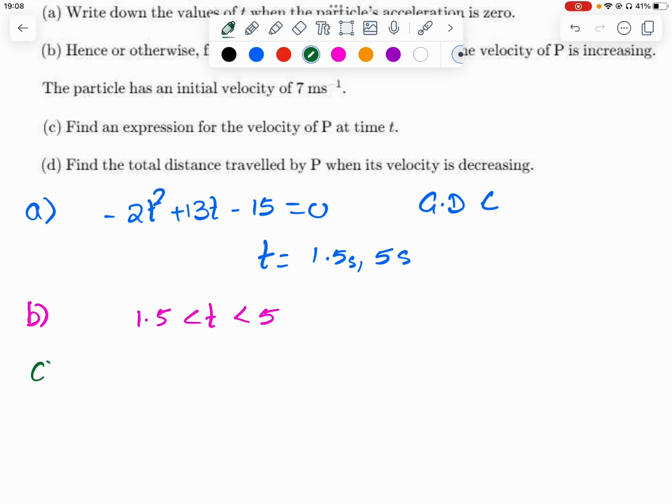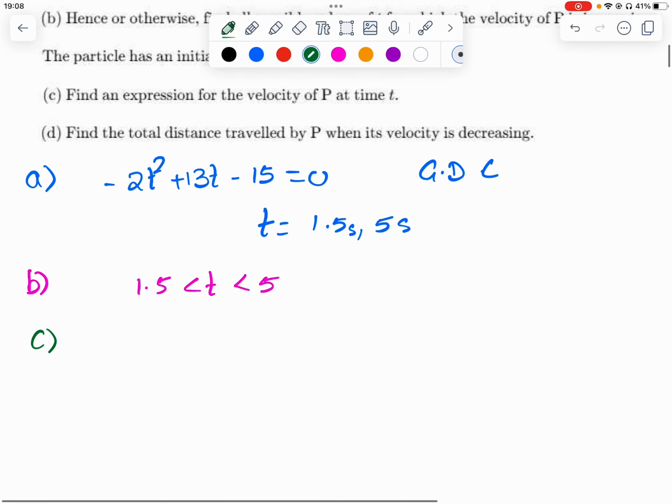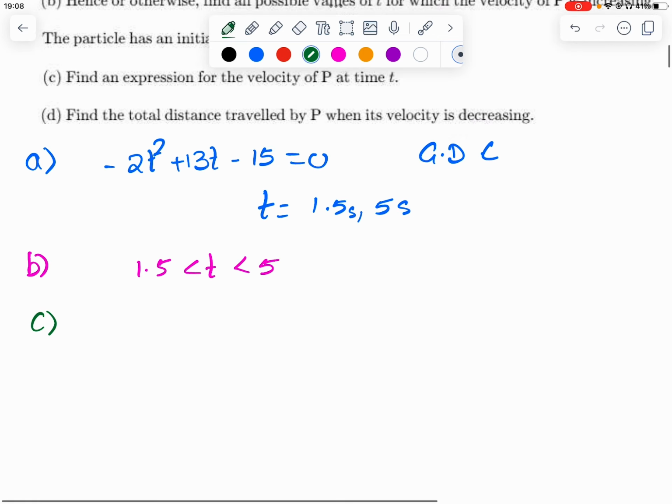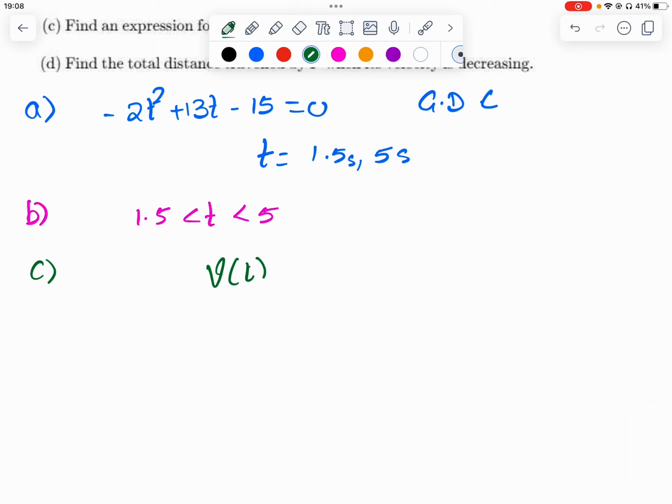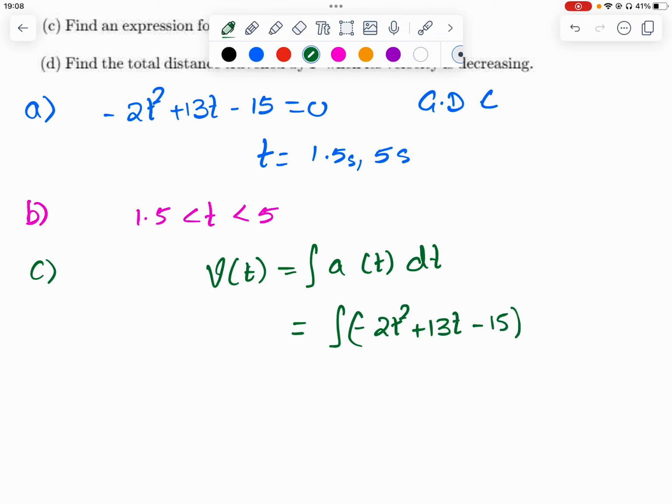Next is part C. The particle's initial velocity is 7. Find an expression for the velocity of P at time t. Whenever I do the integral of this one, I get the velocity. The integral of acceleration is the velocity. So the integral of negative 2t square plus 13t minus 15 dt is going to be the velocity, which is negative 2t cube upon 3 plus 13t square upon 2 minus 15t plus c.